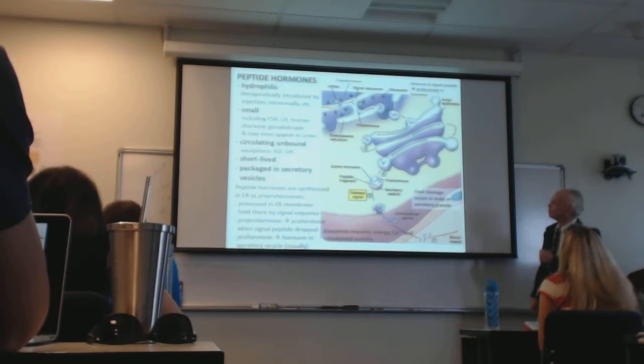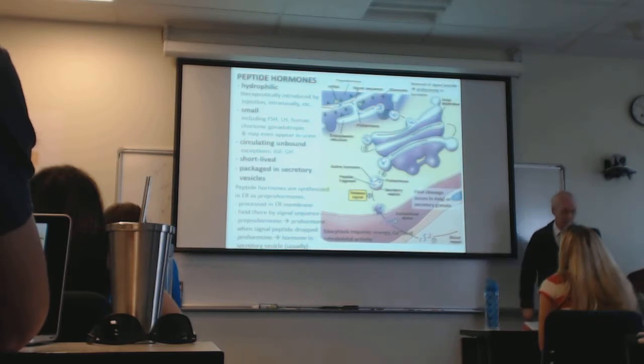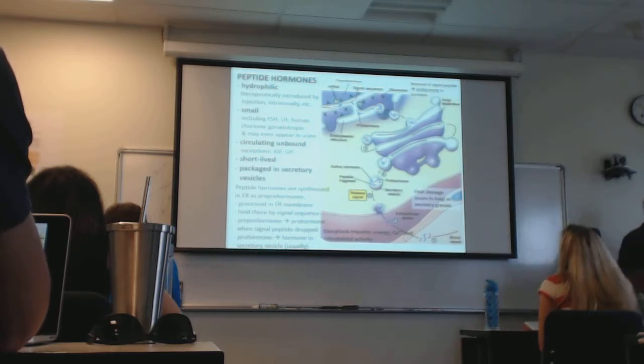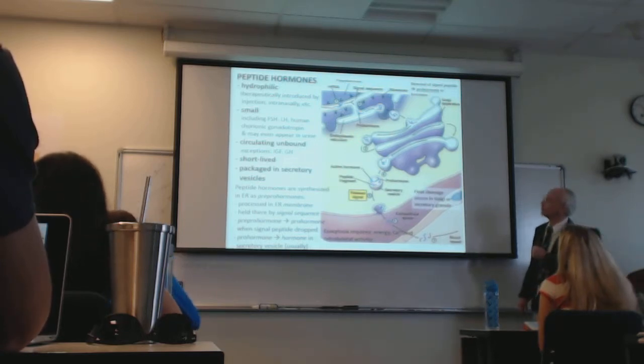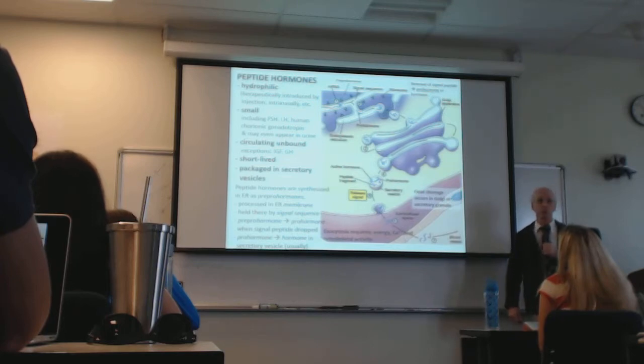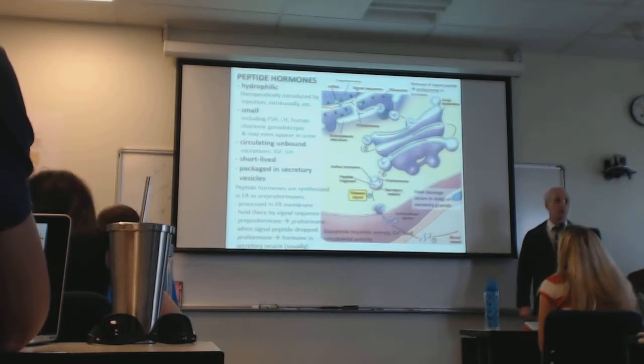One of the interesting things about the way these hydrophilic peptides are synthesized is that the factories, the area of the ER where this process begins, are in the membrane. I think you probably remember granular and agranular, or rough ER and all that.